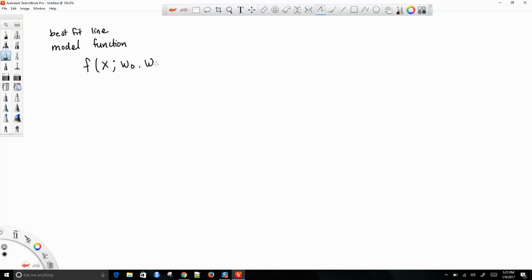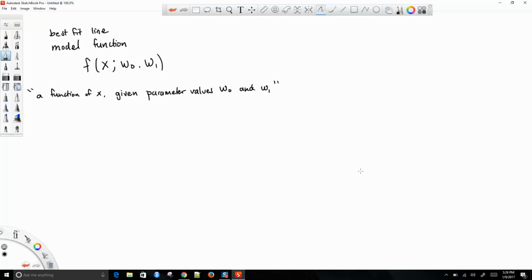So this is how we read it. We say a function of x, and then the semicolon means given parameter values w0 and w1. Okay, so that's what we were saying.